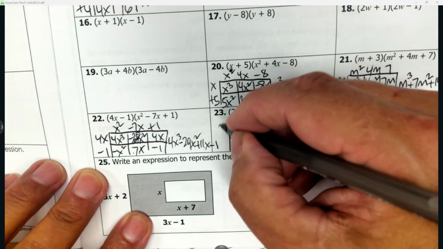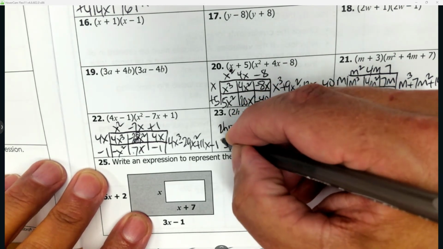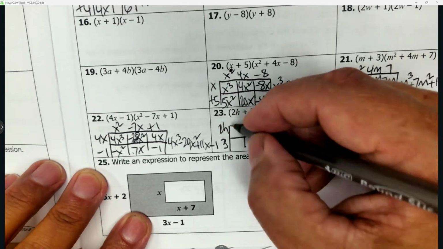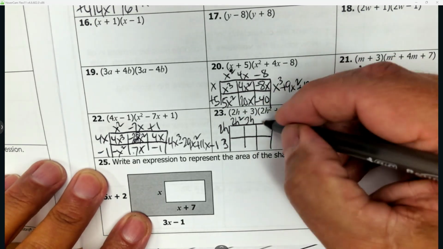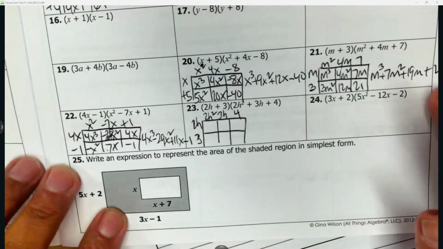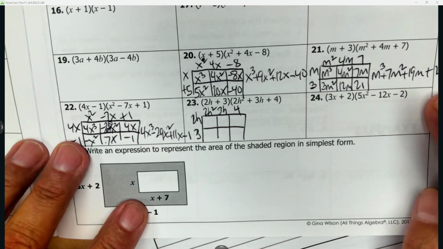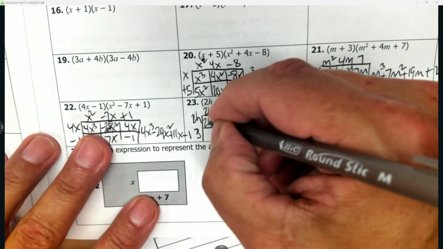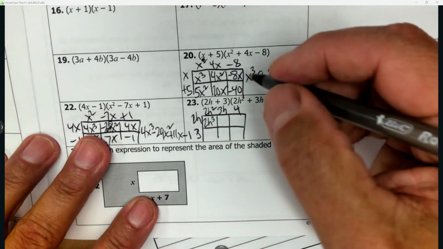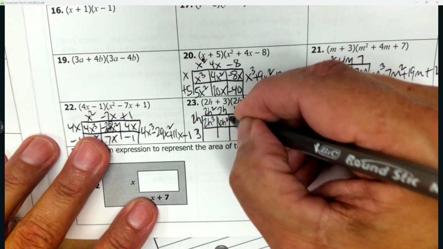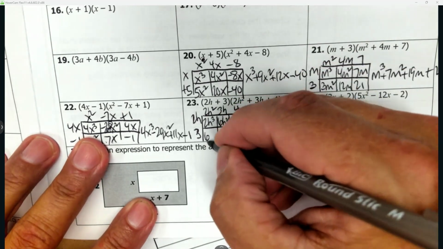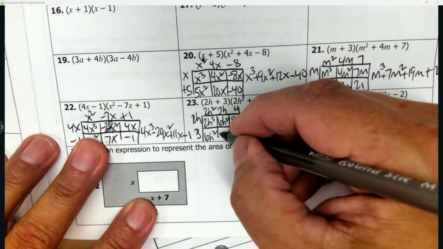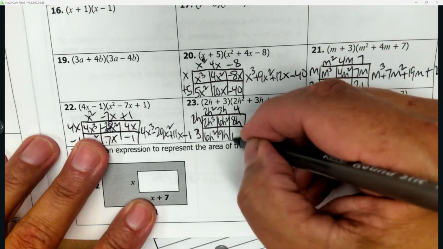So we have 2h and 3. And we have 2h squared, 3h, and 4. So we have 2h cubed, 6h squared, and 8h, 6h squared, 9h, and 12.